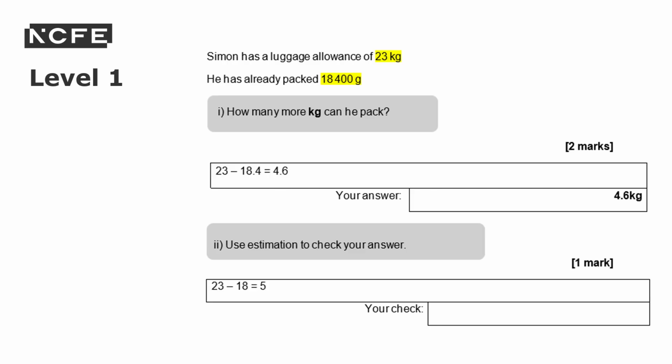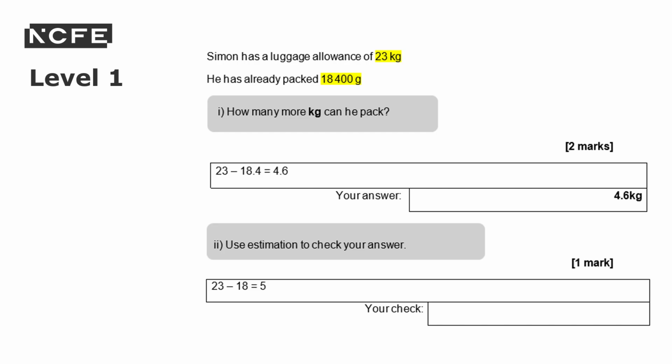So that's something important for you to think about, and that applies to level 1 and level 2, but also quite often, particularly at level 1, learners are worried about, well, what should we round to? It says use estimation, so am I okay to round to the nearest whole number, or should I round to the nearest 10? For example, 23 take away 20, would that be acceptable?